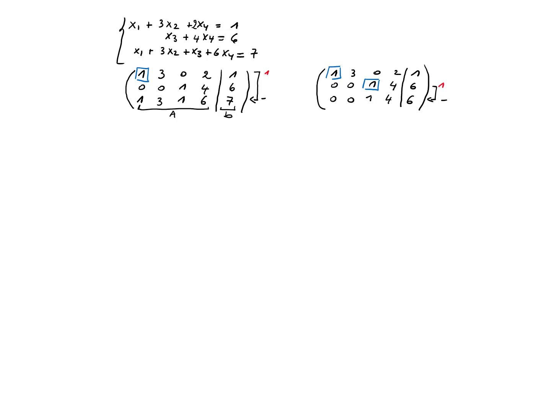And this will produce the next matrix 1 3 0 2 1, and here I can copy the second line. And we'll have zeros, zeros, zeros, and zeros. So the pivots are over here.